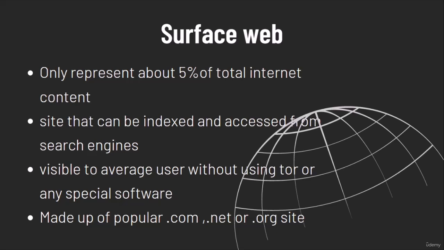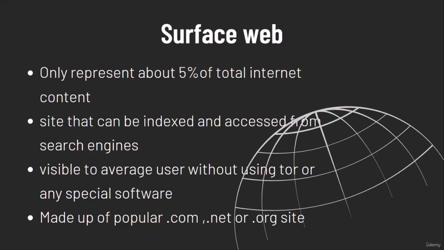It also contains those sites that can be accessed without any special software like Tor browser or Tails. So with the surface web, you can access any site without using Tor browser. You can use commercial browsers like Mozilla Firefox or Safari.